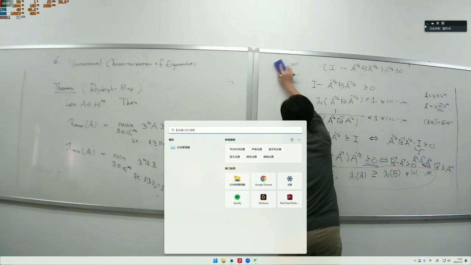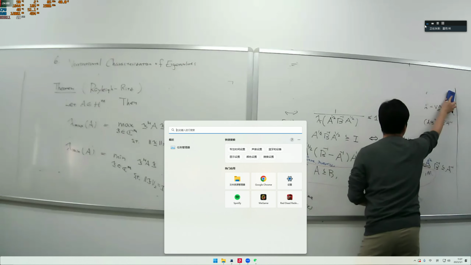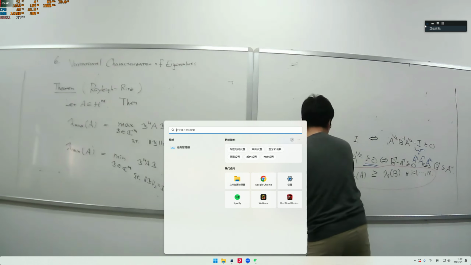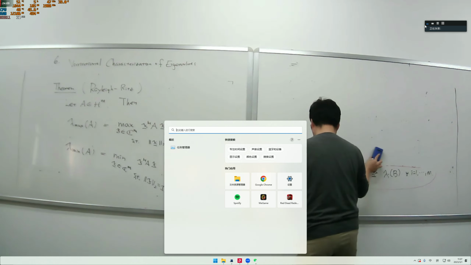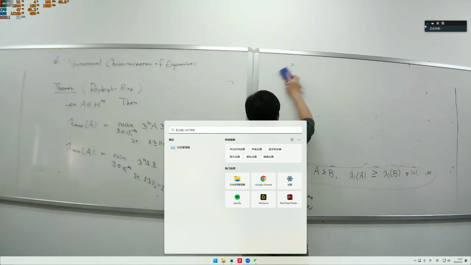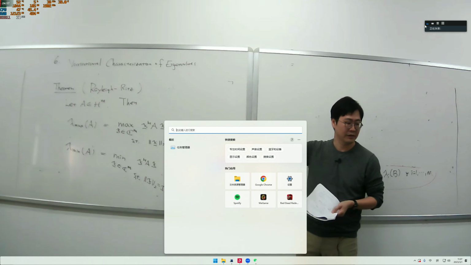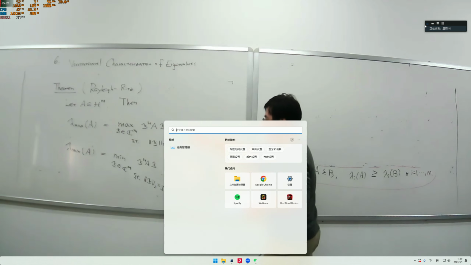You just apply the eigenvalue decomposition, then you see. Any questions in understanding this statement?